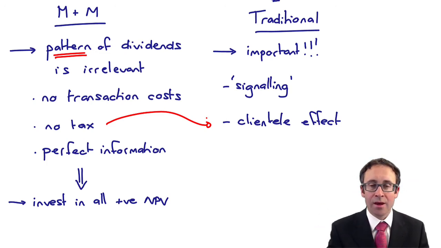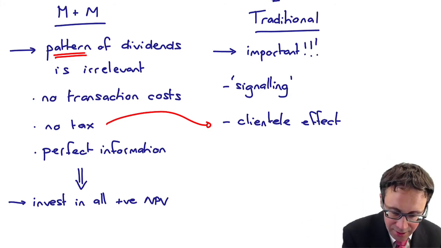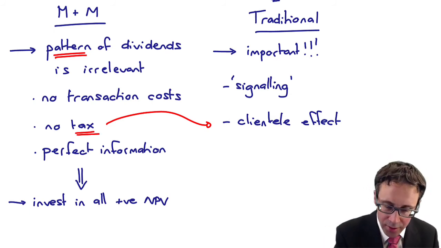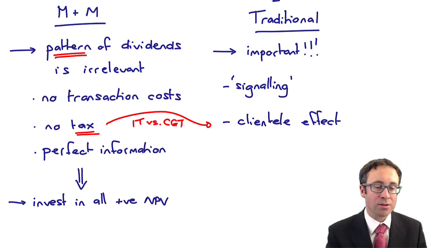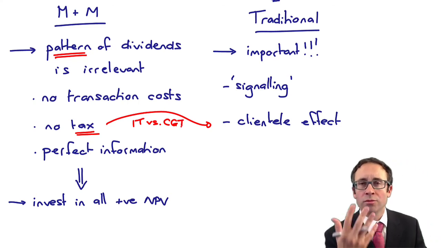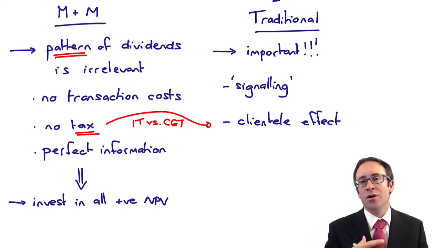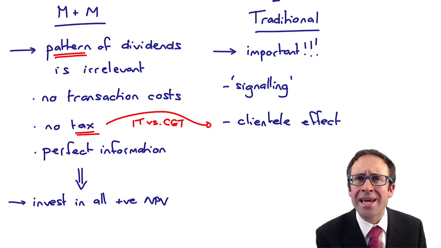clientele. Okay, I think the last point in the notes in terms of the traditional also talks specifically about tax, and that is effectively linking it into the clientele theory, whereby we're talking income tax versus capital gains tax. Some shareholders as clientele will invest because you don't pay any dividends and you are relying on giving a shareholder their return by capital growth, and therefore they'll be subject to capital gains tax.